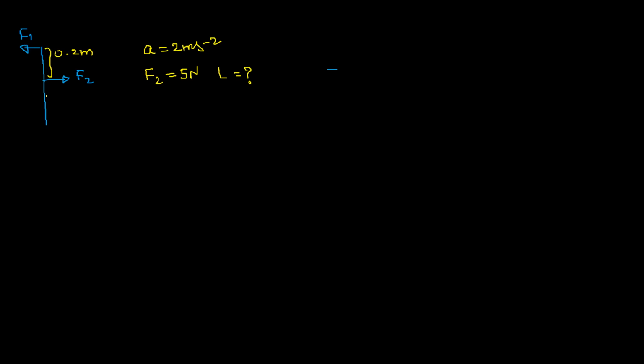Let us take center of mass somewhere here. I'm taking it outside those two forces. This is center of mass. See why I'm taking center of mass outside. The reason is that if I'm taking center of mass somewhere between them, because of F2, torque will be clockwise.